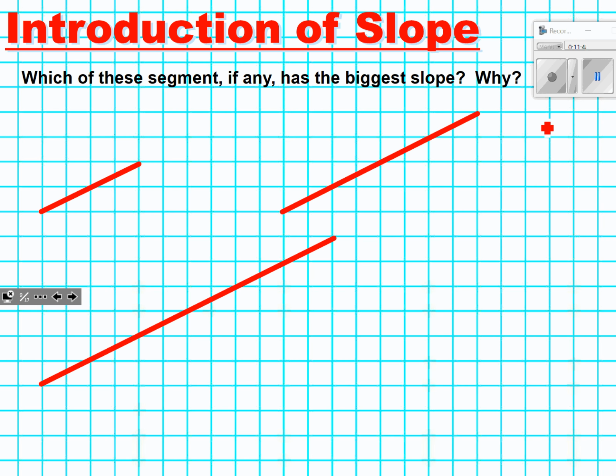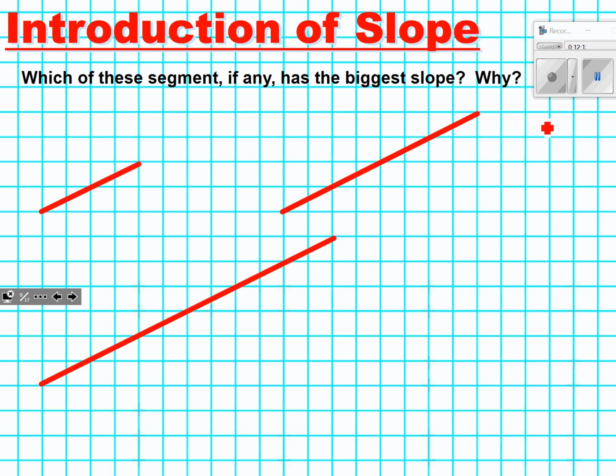Which of these line segments, if any, has the biggest slope? Why? Well, it's key. Slope does not matter in how long the line segment is. Nothing. So which one has the most slope? And I want you guys to also think about which one is the most steep.